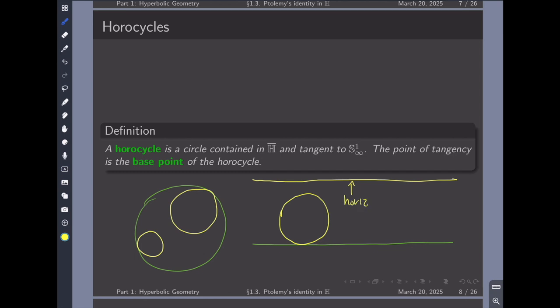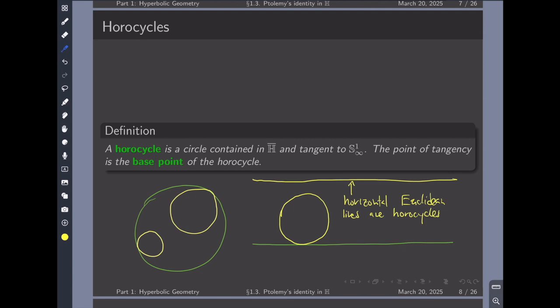So horizontal Euclidean lines are horocycles. And then, of course, since I'm saying subsets of a circle contained in H bar, strictly speaking I have to say horizontal Euclidean line union the point at infinity. Okay, I do that.